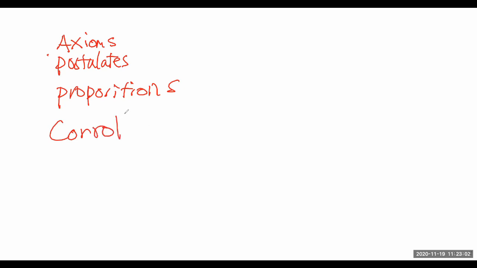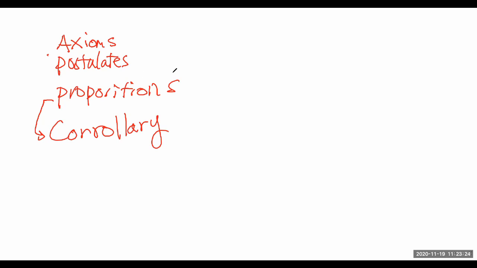It's corollary. The corollary is basically a logical extension from the proposition. So I have a proposition, then we get a corollary. A corollary is just an extension of that. So now we see an example.